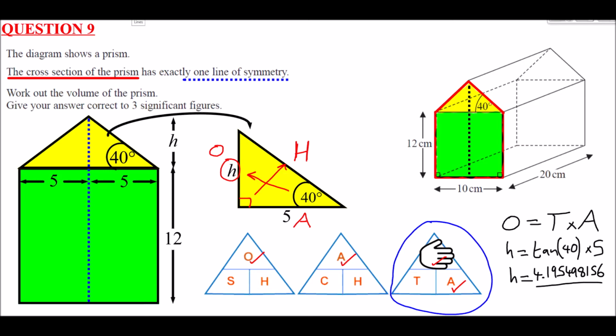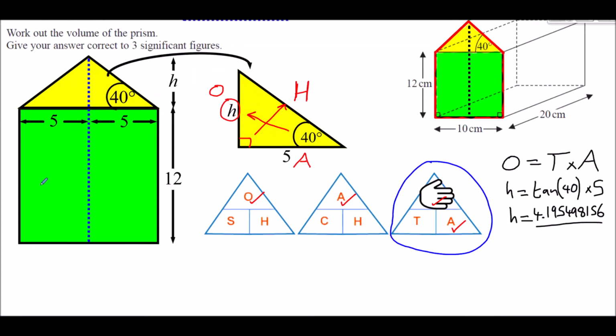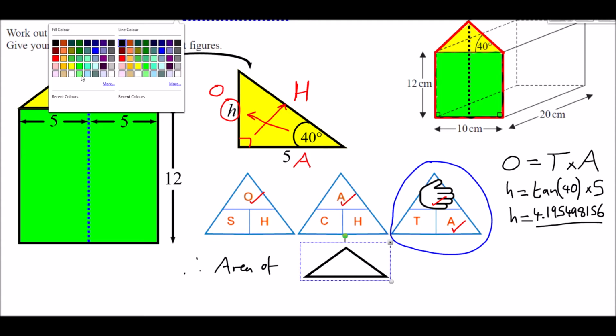So what we can now do is work out the area of this triangle. The area of the full triangle, not just that bit of it, but the full thing, is going to be as follows. I'm just going to draw it on, so you don't think I'm talking about the right-angled one, but the whole thing, which is this one here.